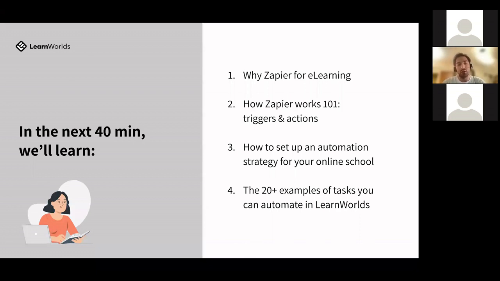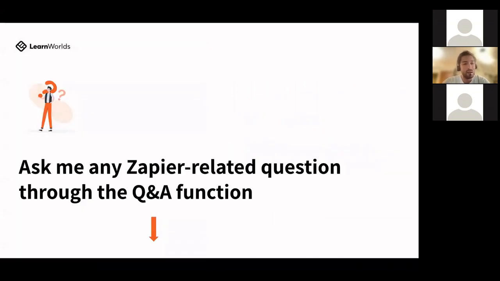And of course, we're going to see a couple of examples that we think are very important. At the same time, I will try to develop your perspective, to create the mindset, gain the mindset on how to solve your own problems by using Zapier, right?